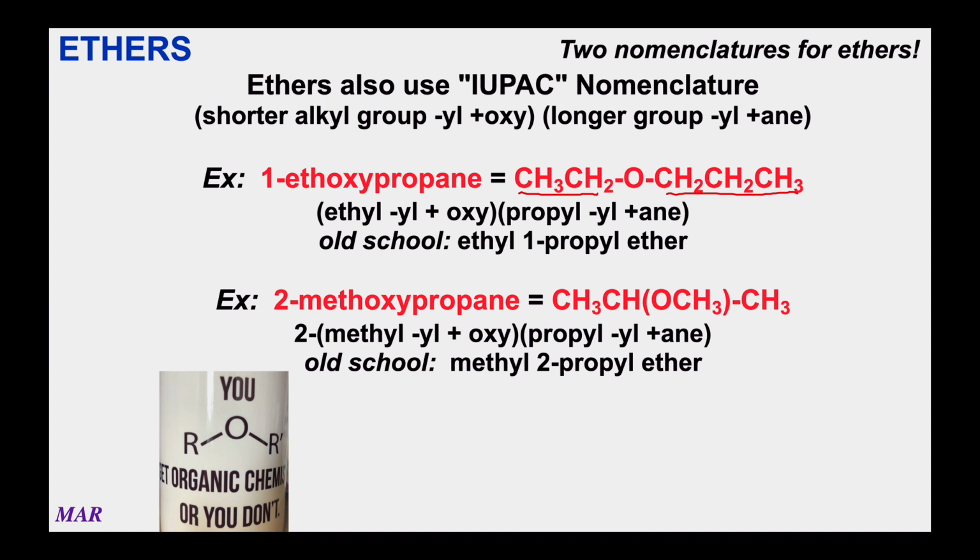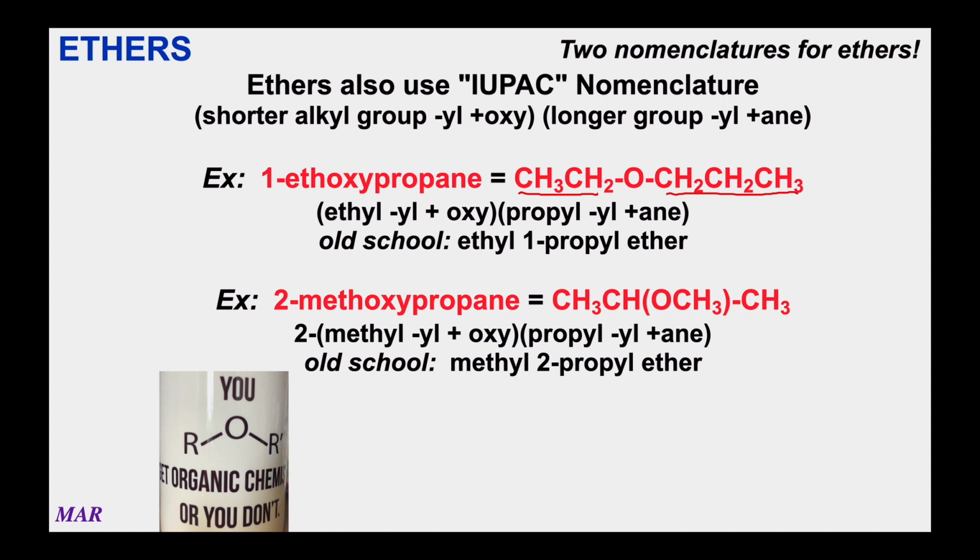However, there is a newer way of doing it, which has a lot of cool uses. You look at the shorter alkyl group. So ethyl is shorter than propyl, 2 carbons versus 3 carbons. The shorter name, you call it an oxy. So notice in the name, it was ethyl minus YL plus oxy.